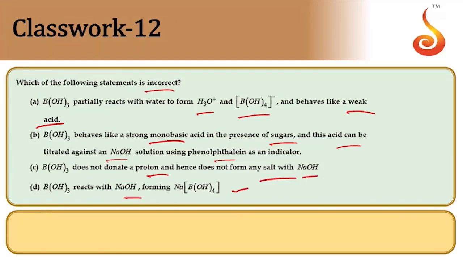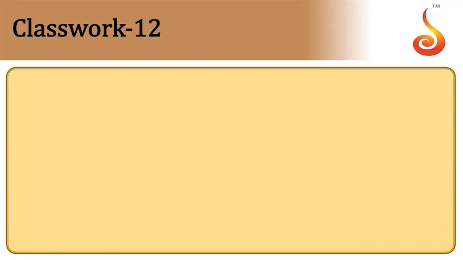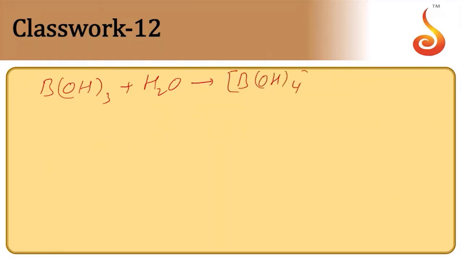Let us see the reactions one by one. So first one, boron hydroxide is reacting with water. So when you take boron hydroxide reacting with water, it forms B(OH)4- and then H+ formation takes place. Implies that the first statement is correct.